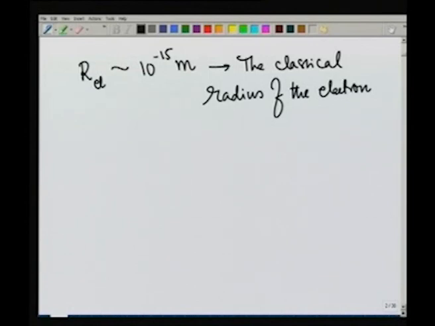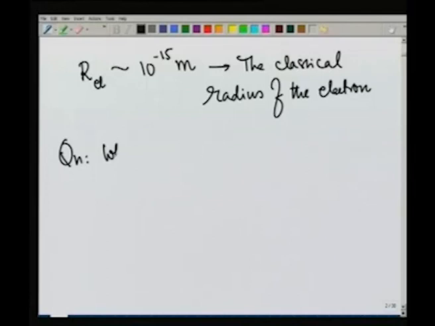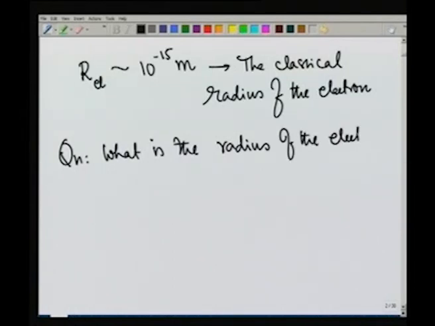If it is correct, then I should be able to perform an independent measurement and then measure the radius independently and ask whether it agrees with 10 to the power of minus 15 meters. Therefore, the question is, what is the radius of the electron? What do experiments tell us?